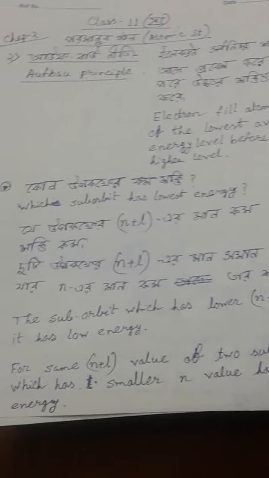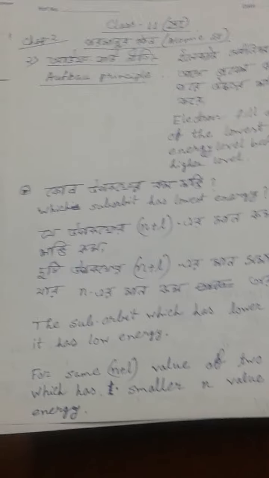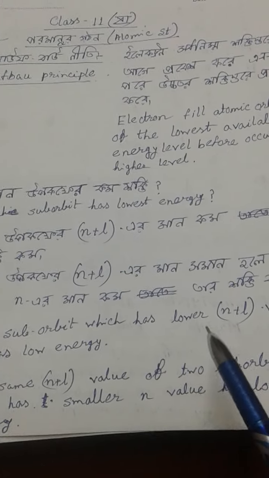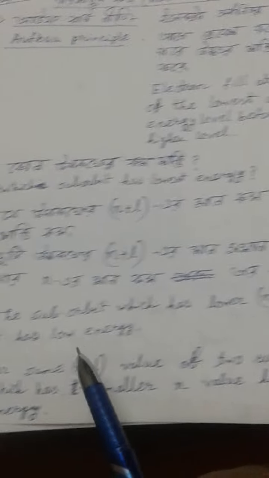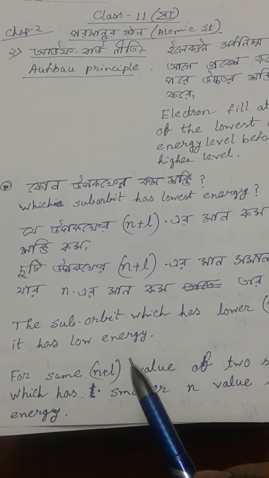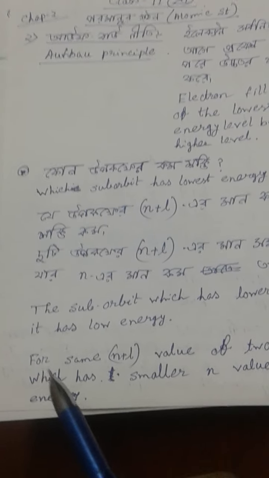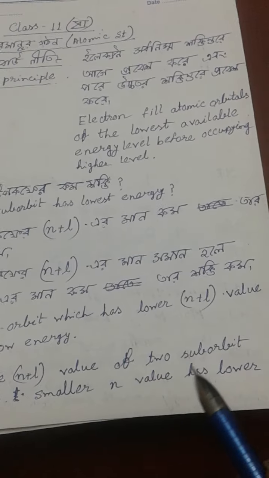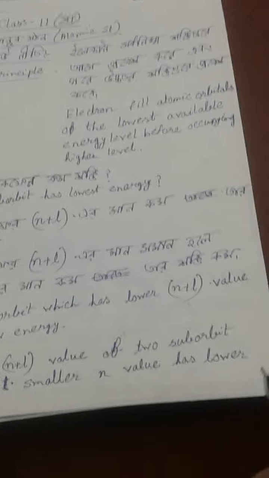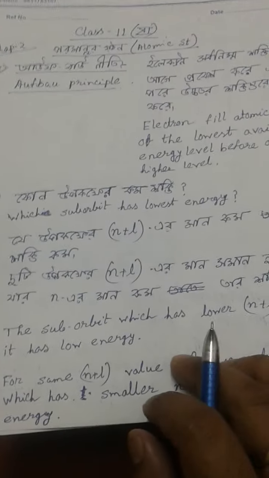This is known by the two statements of the Aufbau principle. One is that the suborbit which has a lower n plus L value has lower energy. And second, for the same n plus L value of two suborbits, the one with the smaller n value has lower energy.